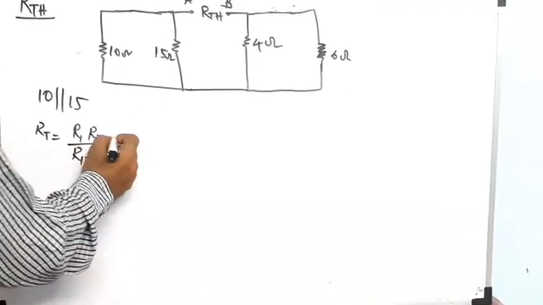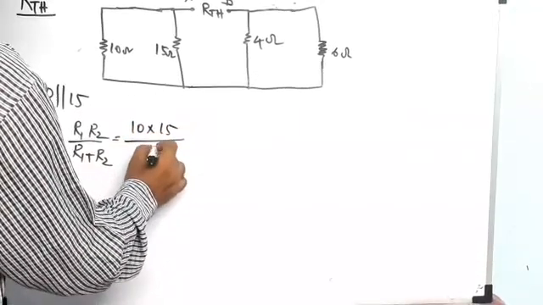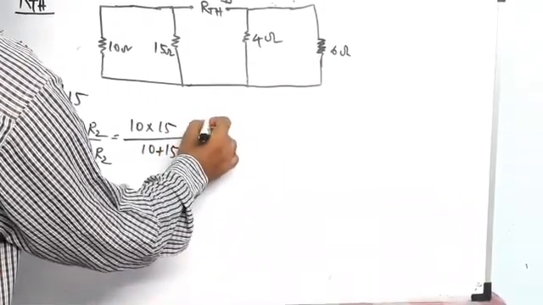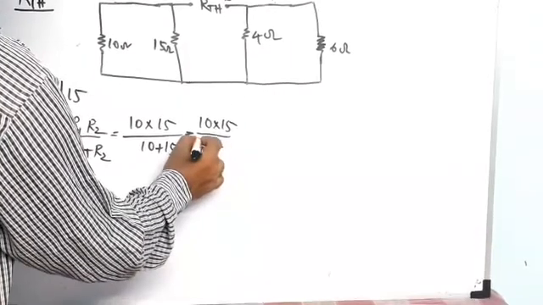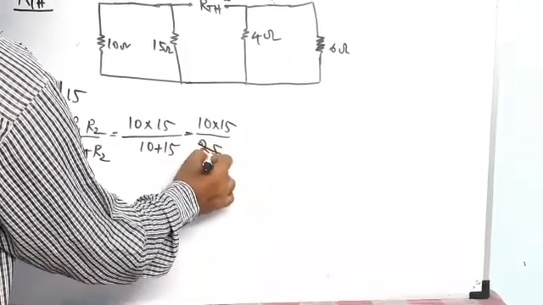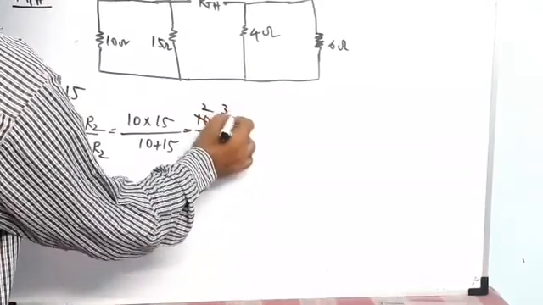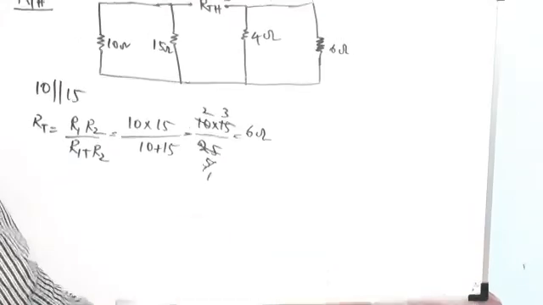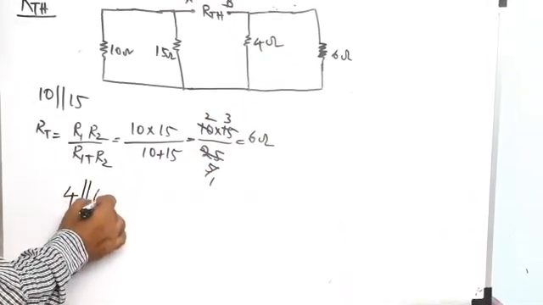This is the formula. So 10 into 15 by 10 plus 15 is equal to 10 into 15 by 25. So how much? 5 5s are 25, 5 2s are 10, 5 3s are 15. This is 6 ohm. And next, 4 parallel 6.